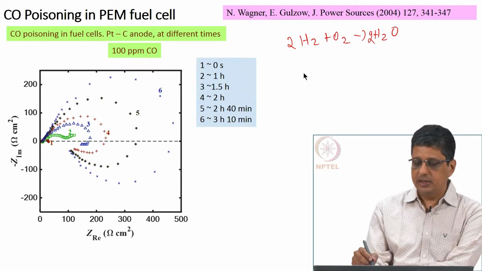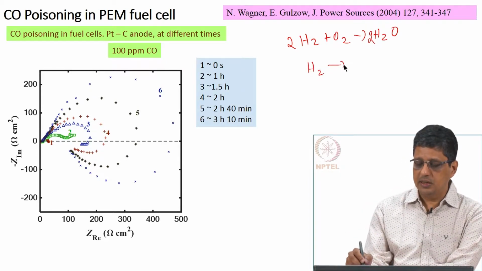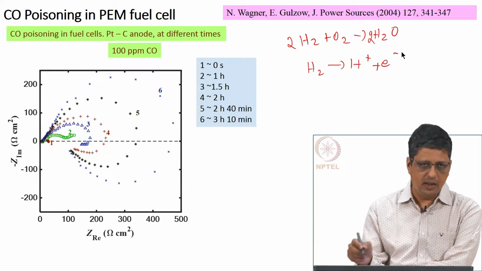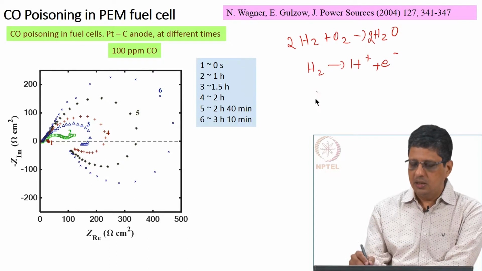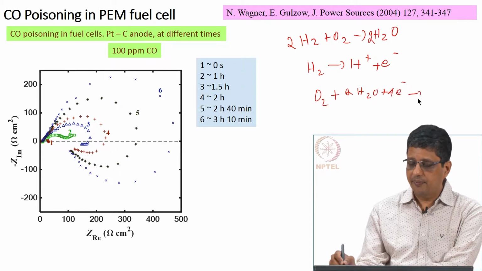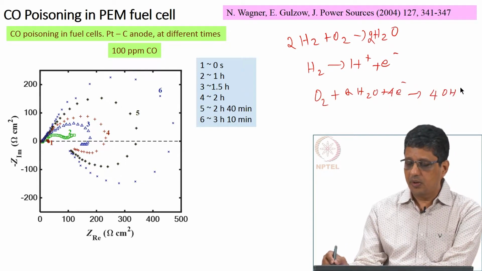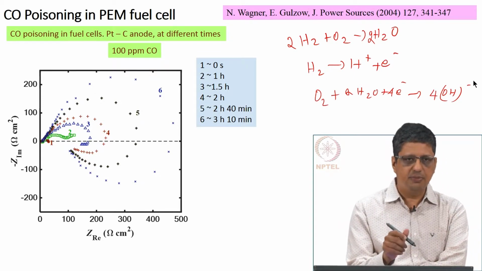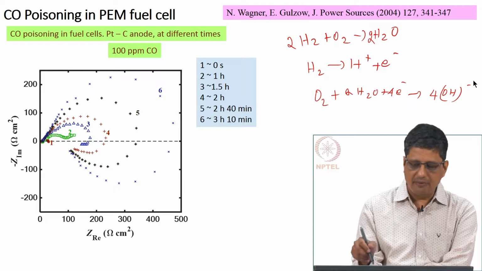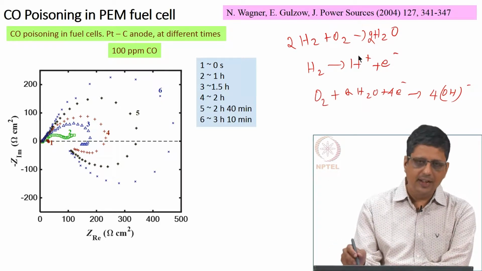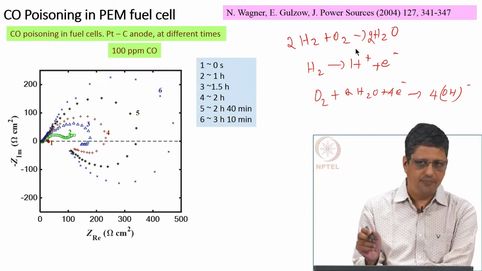In the hydrogen fuel cell, actually what you have is hydrogen splitting to form H plus on one side, and oxygen is not just directly reacting with hydrogen or H plus, it is going to combine with water and form OH minus ions. They will react with H plus ion and form water.